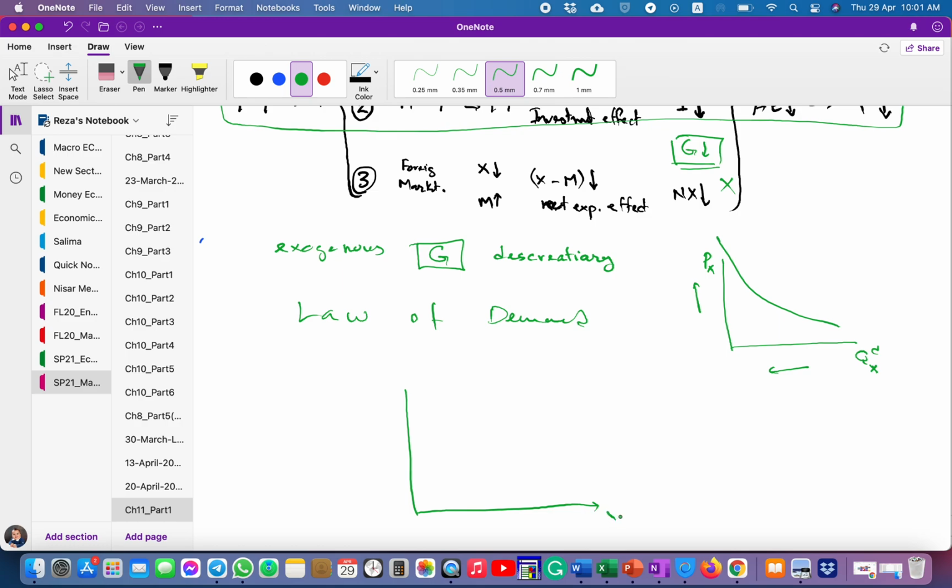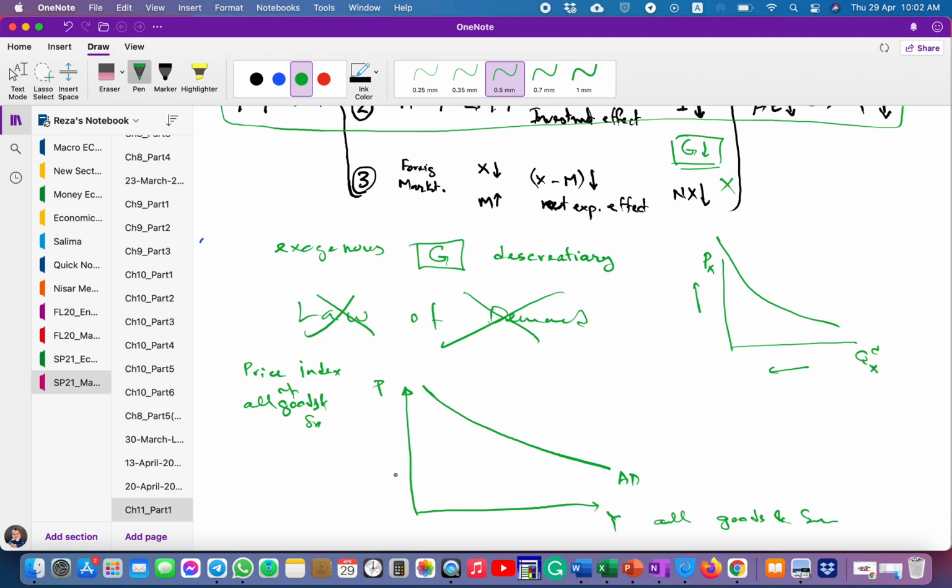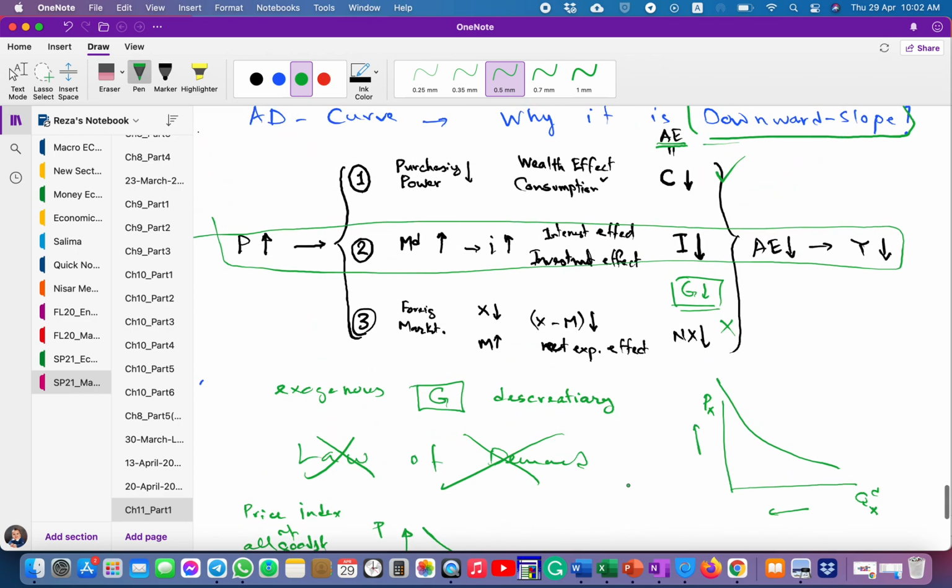It is all goods and services. And the price index is not the price of an individual good, it's the price index of all goods and services. So the reason for aggregate demand being downward sloping is not the law of demand. If you see it in a multiple choice question, why aggregate demand is downward sloping, it is because of three reasons.